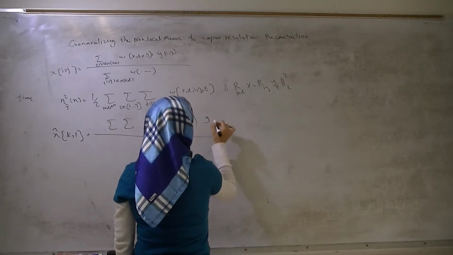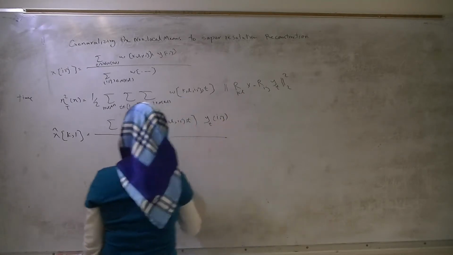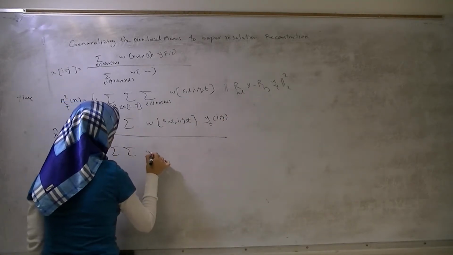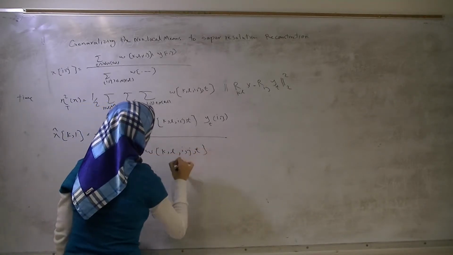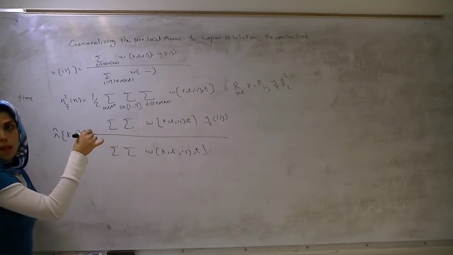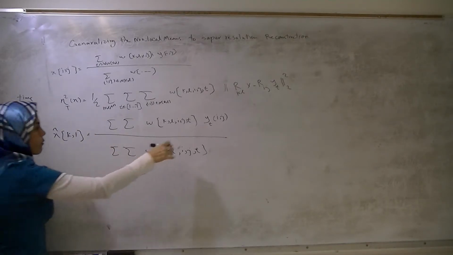Here is the YT. It's IJ or KL. This one is a KL. This one is for IJ.